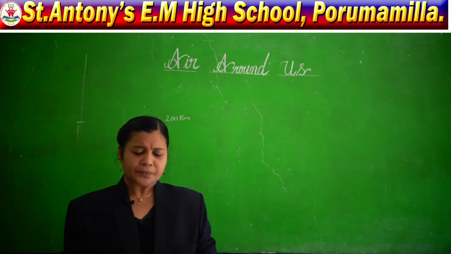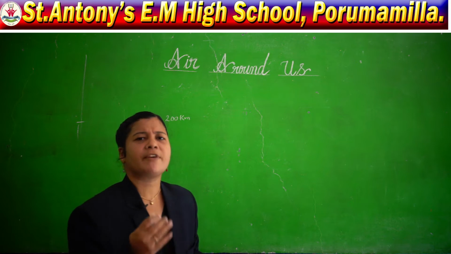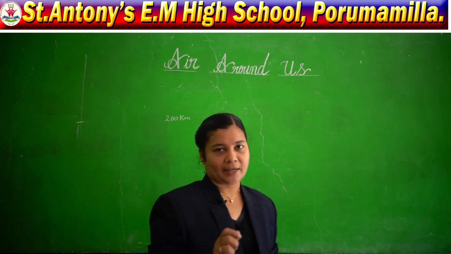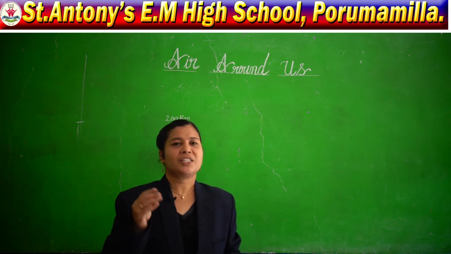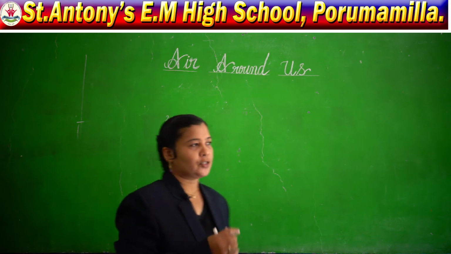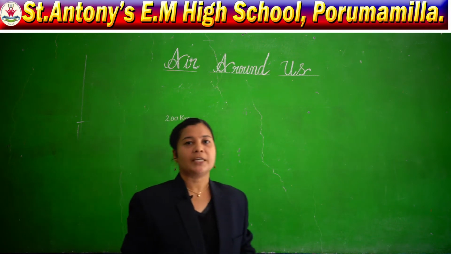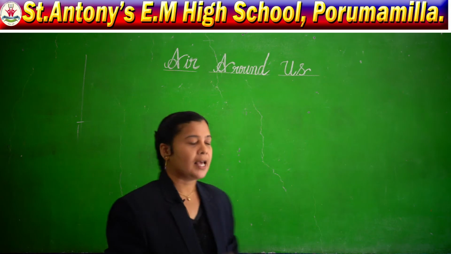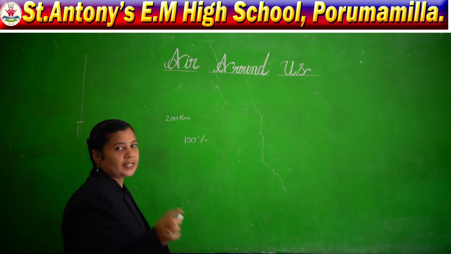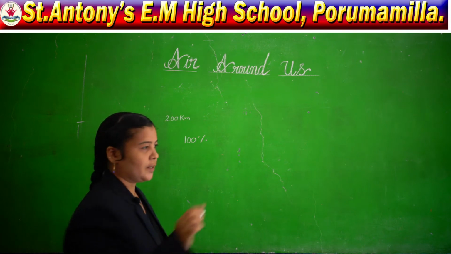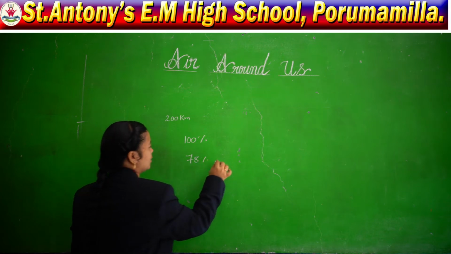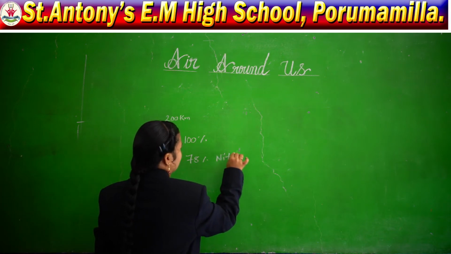Air is made up of several gases, not only oxygen and carbon dioxide. Plenty of different gases are present in air. Suppose 100% of air is in our atmosphere. In that, 78% is nitrogen gas.